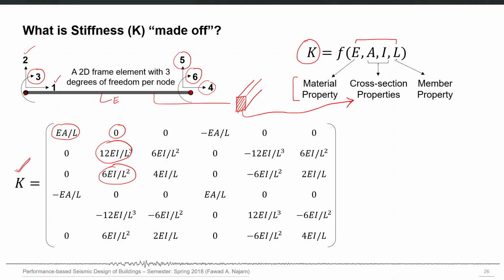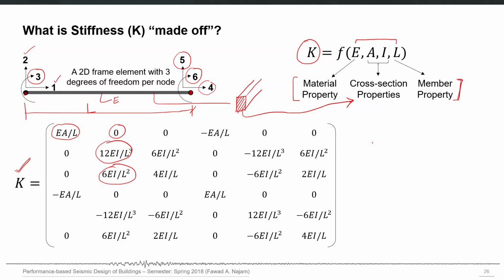Then L is the length of the member, this whole length, and that is basically the member property. This is not a property of the material, nor of the cross-section shape of the element; it is a property of the whole beam. So it's a member property.